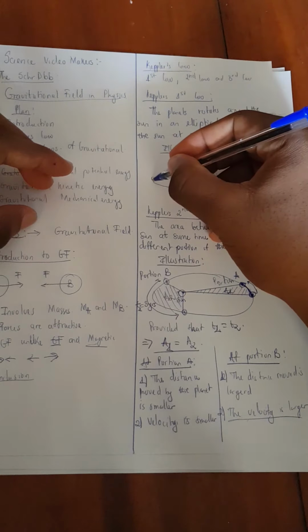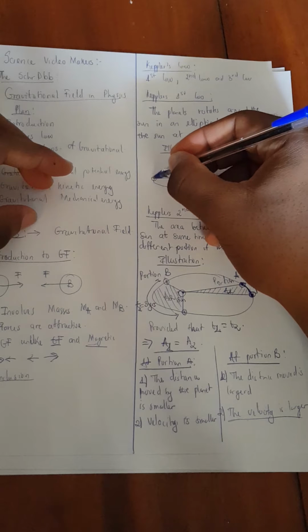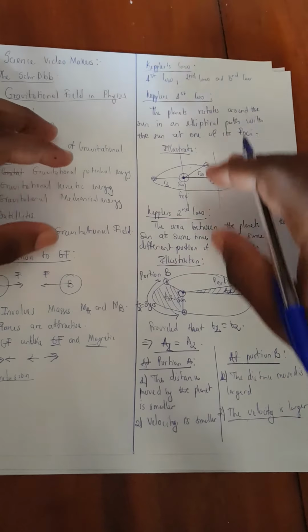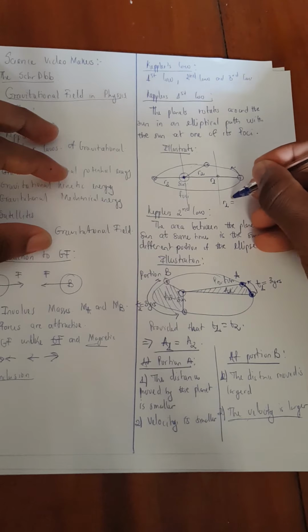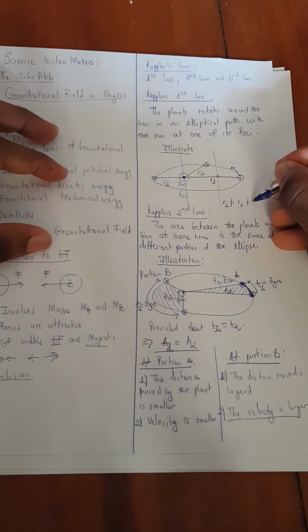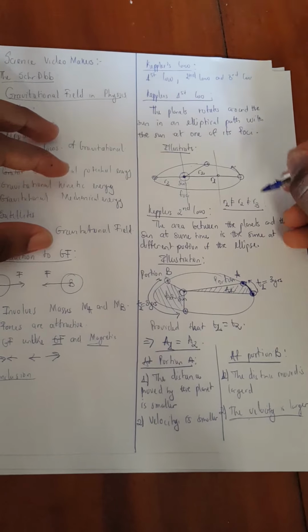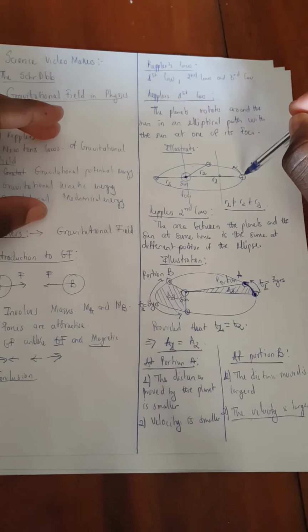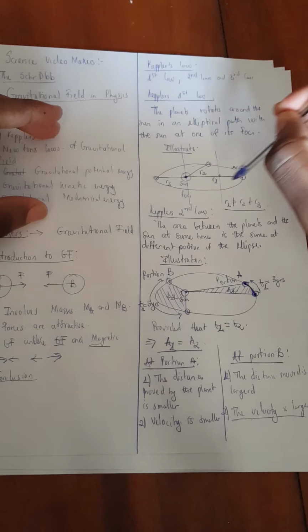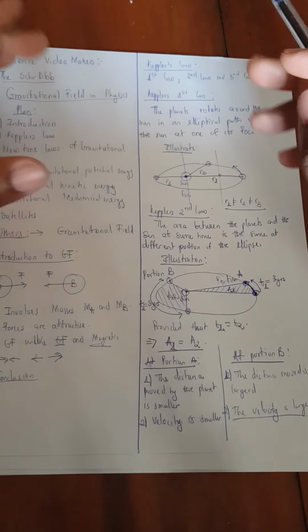And there will be a third distance here, r3. We see that r1 is not equal to r2, which is not equal to r3. So it implies that the distance between the sun and the planet is quite different all around the ellipse.